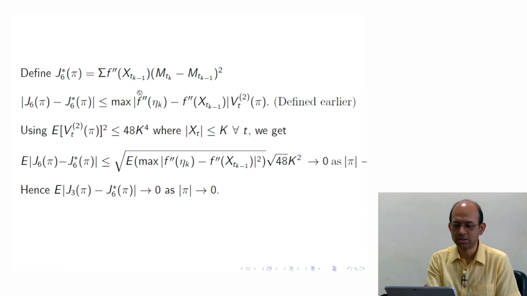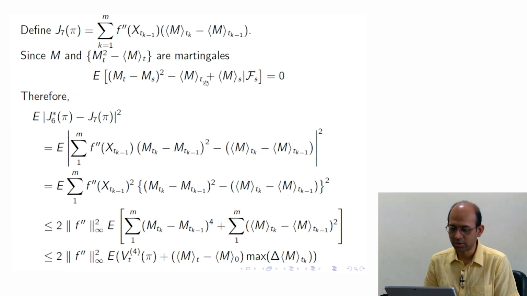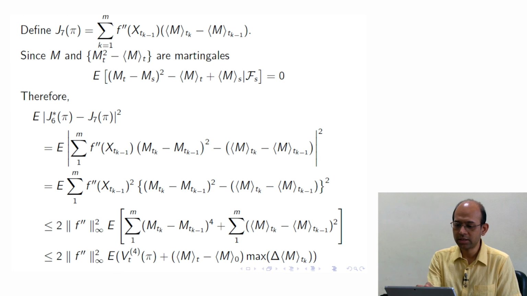But this is not in the form of integration, correct? Because this is like the square of an increment. So we can put it in terms of a Stieltjes integral only when it is an increment of some process. So here we take the increment of the quadratic variation process, J7.